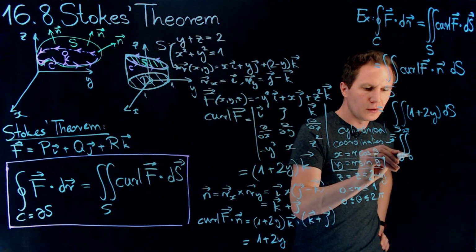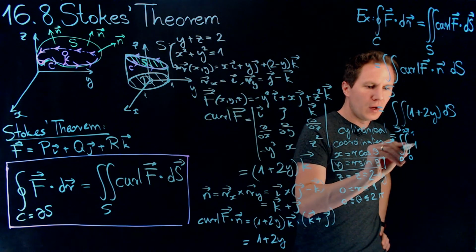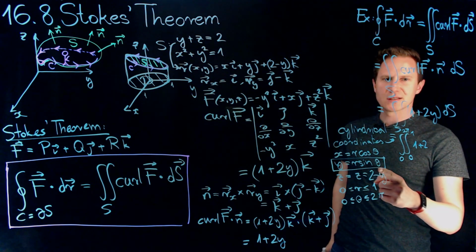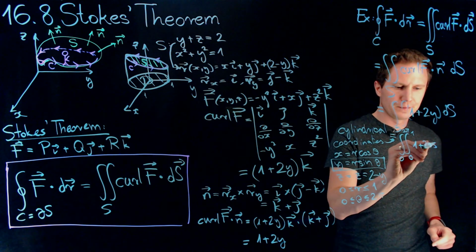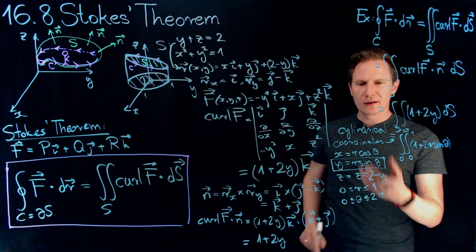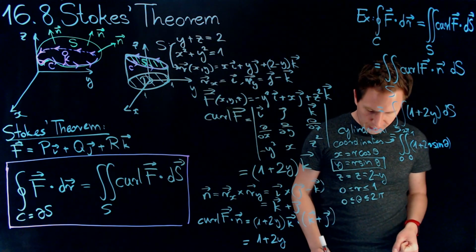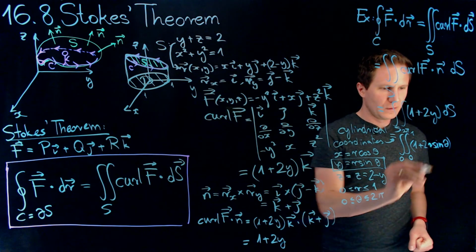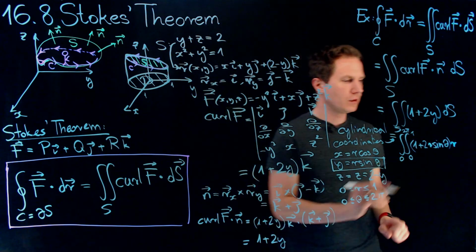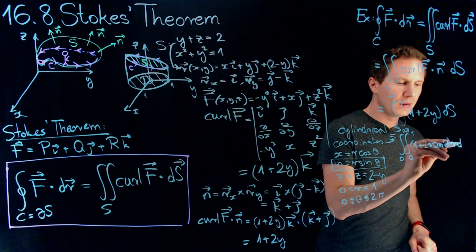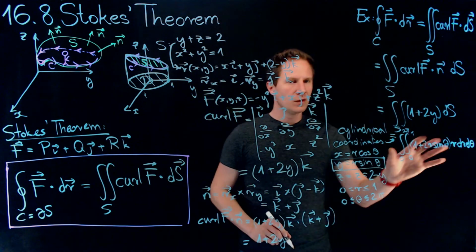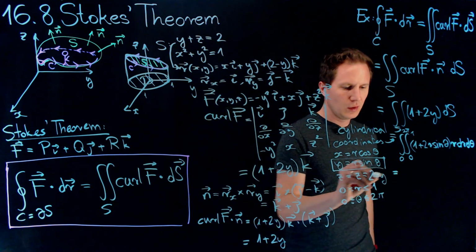So we have 1 plus twice y, which is r times the sine of theta. Because we are using cylindrical coordinates, we have to account for the distortion in areas by having this Jacobian, this extra factor of r in there, and then we integrate with respect to r and with respect to theta. So this is the double integral that we need to evaluate.